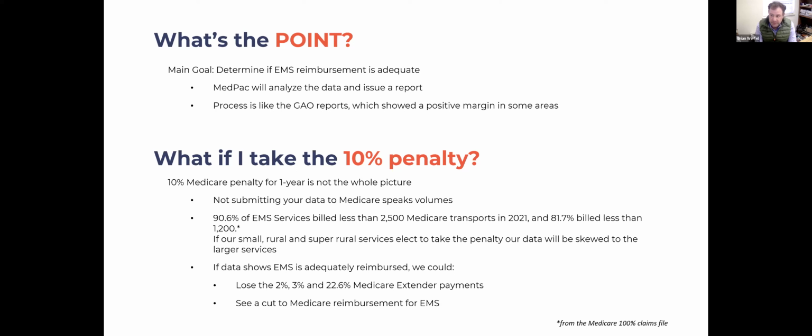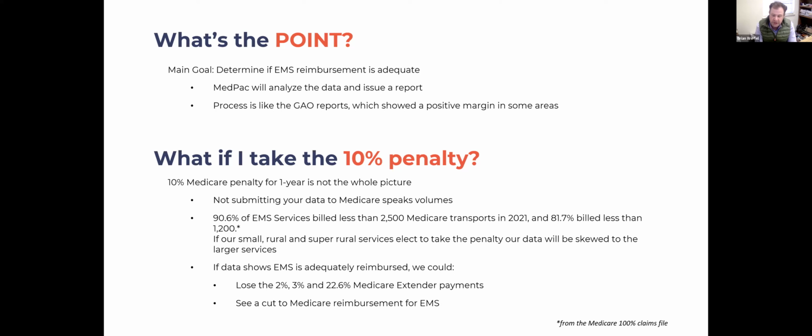That's where this cost reporting process comes in, because as a congressional mandate, they could build in an enforcement mechanism, and that enforcement mechanism is a penalty if you don't submit your data when it's due. Specifically, it's a 10% cut in the Medicare reimbursement you would otherwise be entitled to for the year after the year in which your cost data was due.